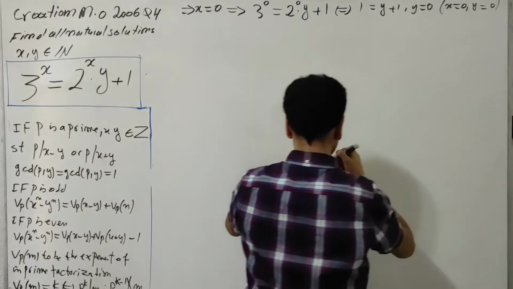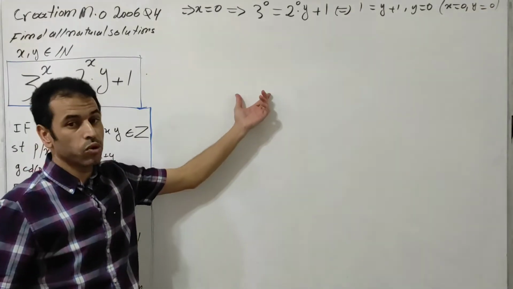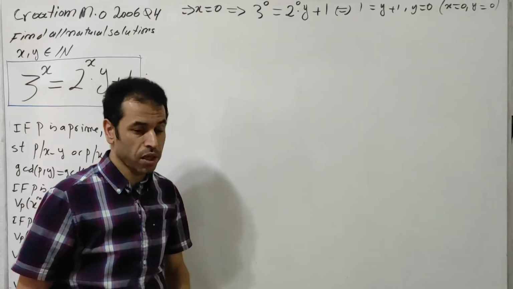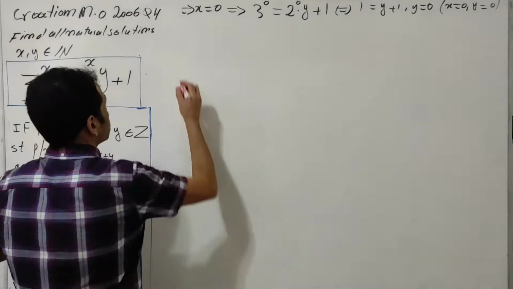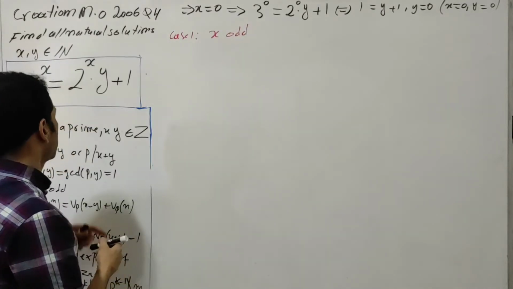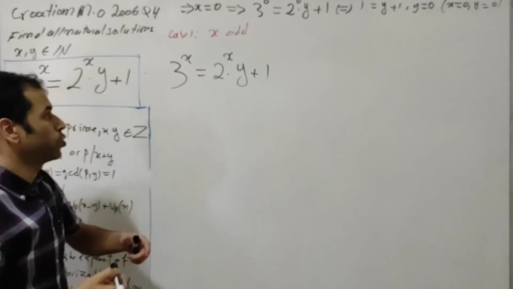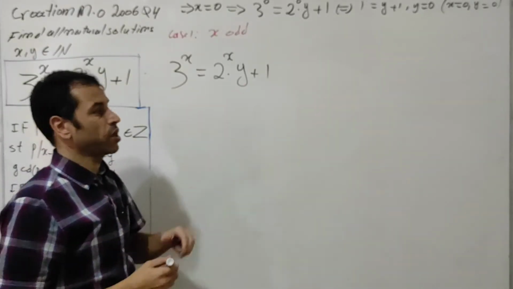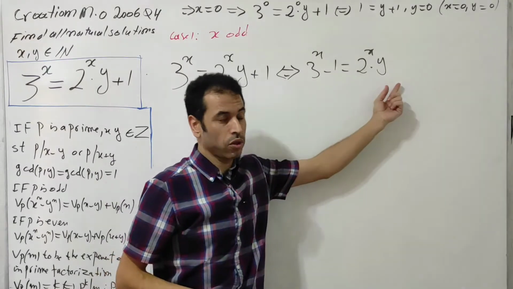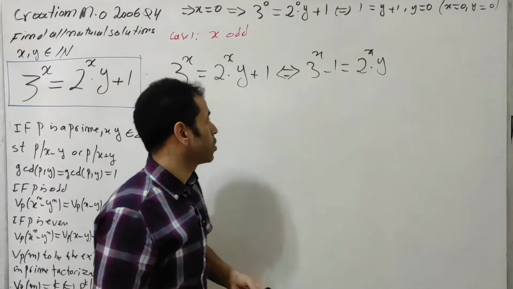Okay, so I'm going to break this one into two cases. We will have x as an odd number, and also we will have x as an even number. So case number 1, x odd. I have this equation. I'm going to move over number 1 to the left hand side of this equation. As we know, I'm going to reduce this one modulo 4 by using the congruence definition.